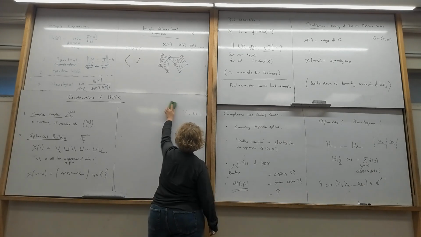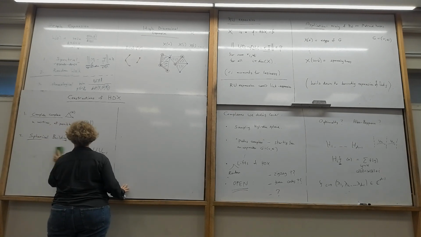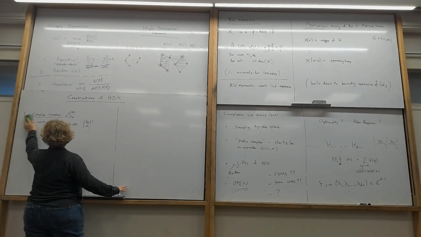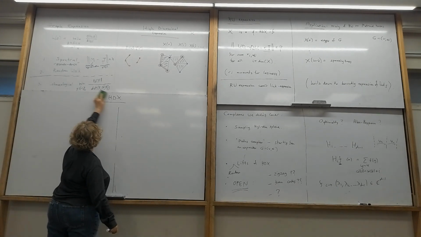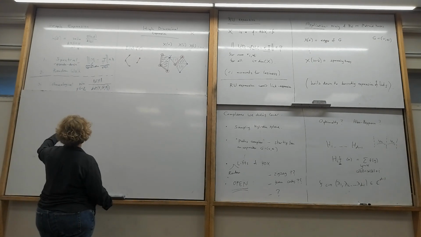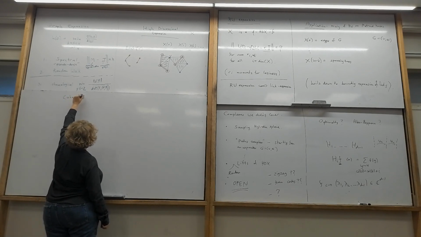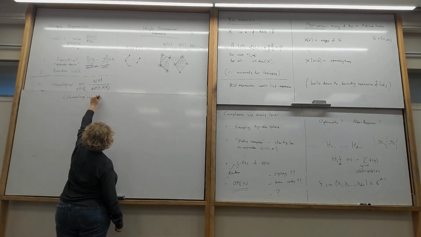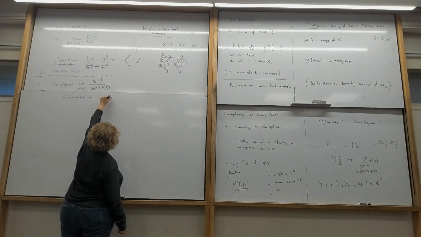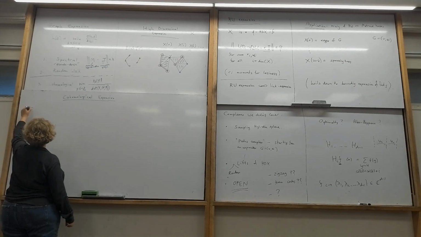So the second part of this topic that we studied had to do with the cohomological definition of expansion. Some people would say it has to do with topology maybe.